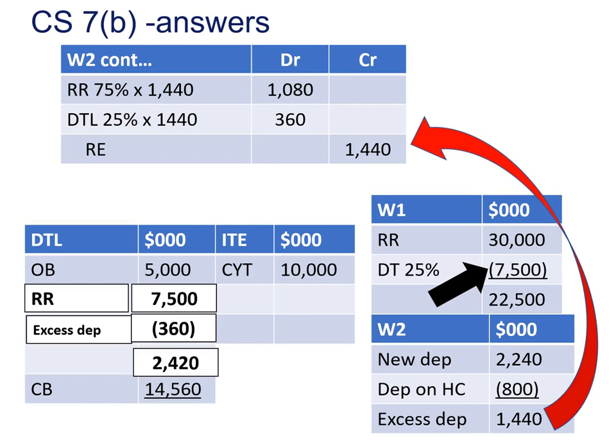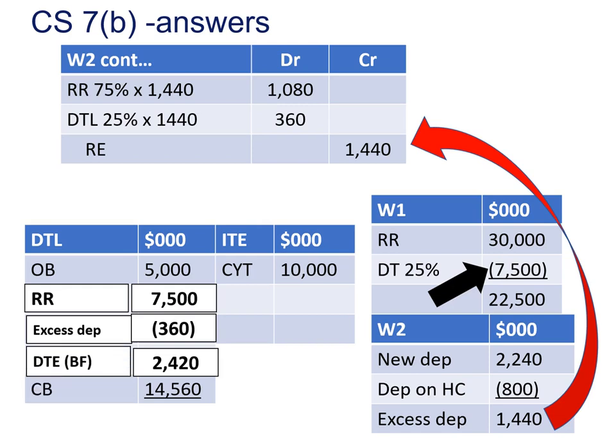So now we know the difference because we've been told 5 million opening, revaluation reserve 7.5 million, excess depreciation 3.6. That means our 2420 is the deferred tax amount that does not relate to the revaluation reserve.